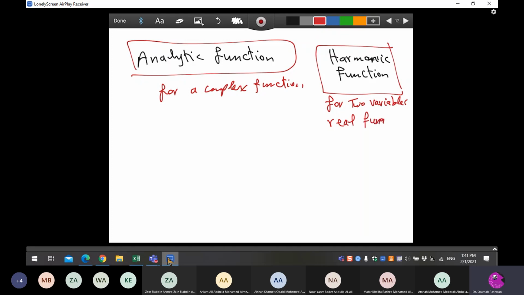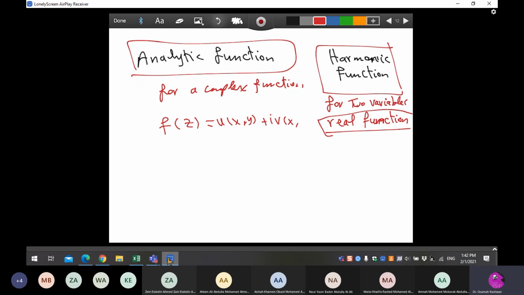So you have to distinguish between the concepts: one is for the real two-variable function, and the analytic is for a complex function. What is the connection between them? This real function could be the real part of f of z, u of x and y plus i v of x and y.